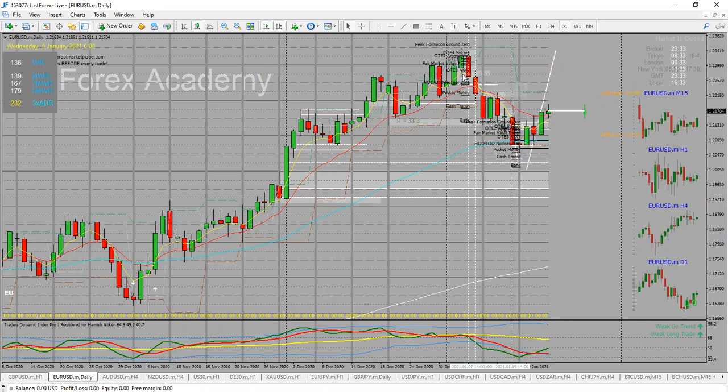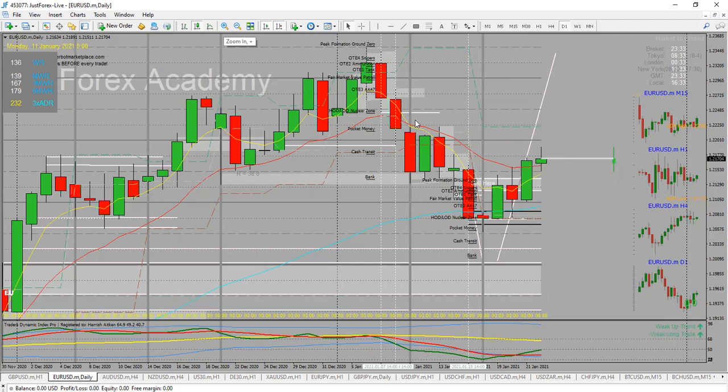Now let's identify the swings available on this pair, because the structure that we have is only this one, and I'm still bullish on this pair. This is how I identify it. The first swing high is this one, which is valid for now.